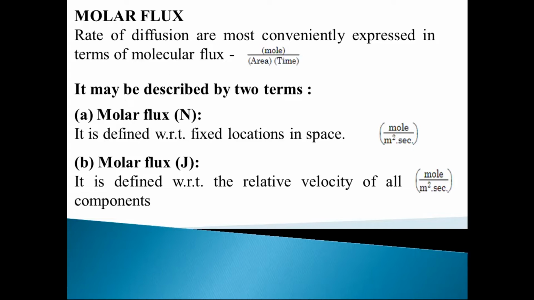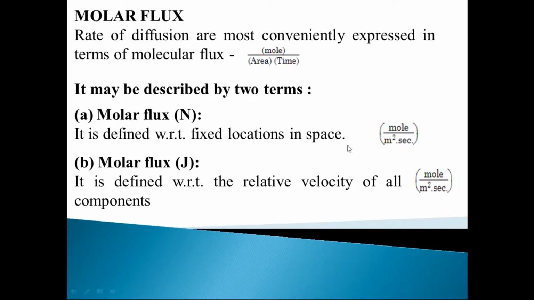There are two types of flux. One is the molar flux, that is N flux, and the same molar flux, but that is J flux. Both are mole per area per time, and the unit is the same for both fluxes, mole per meter square second.